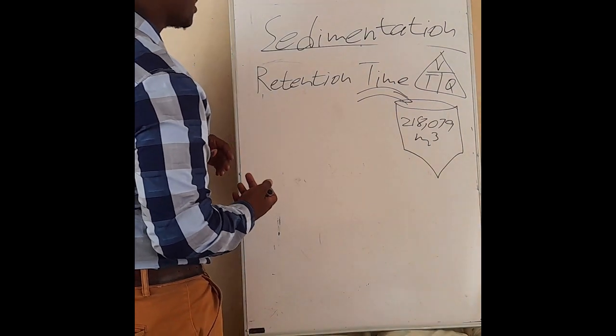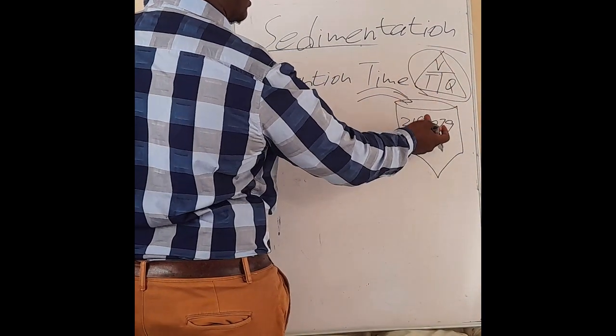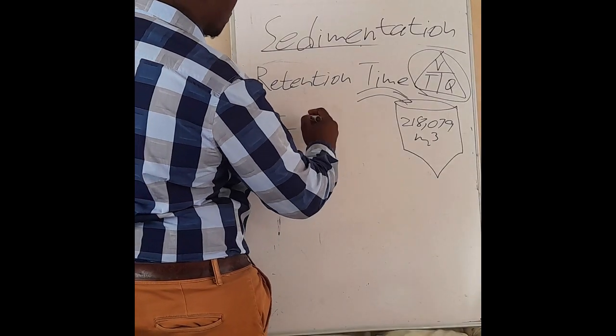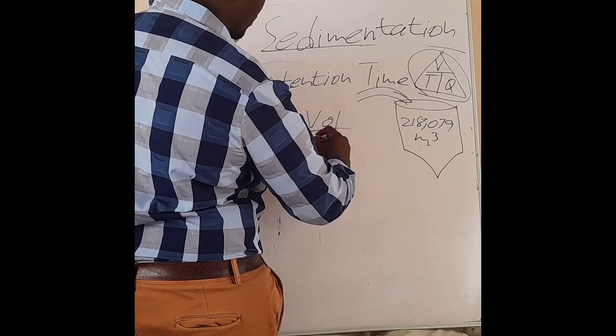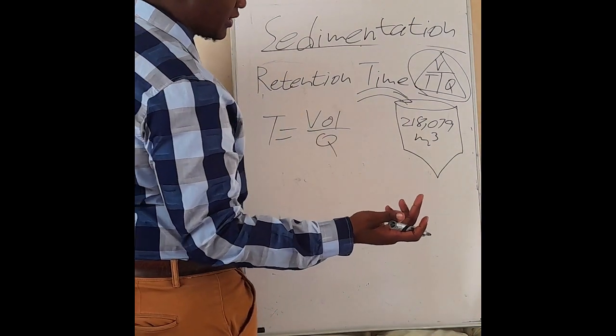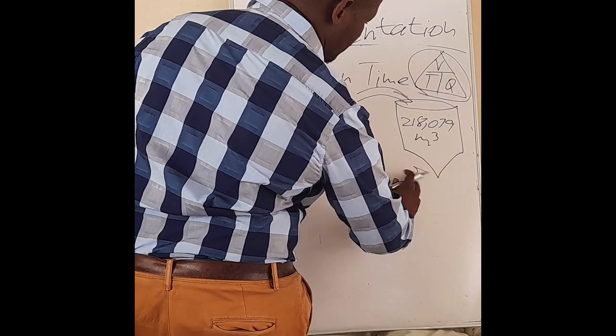So the retention time, I just normally use this in order to get it, and that's our time over there. So it will be time equals the volume over our flow rate, okay. So the flow rate, let us say perhaps it's maybe 5.